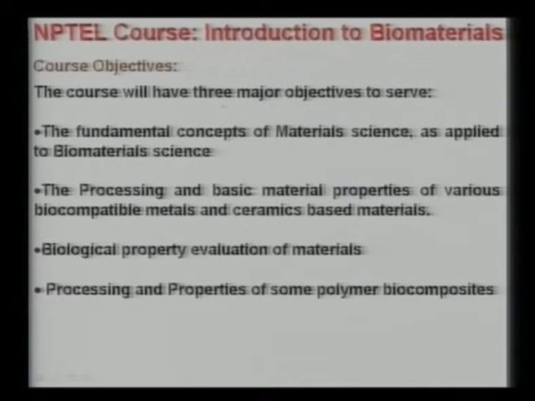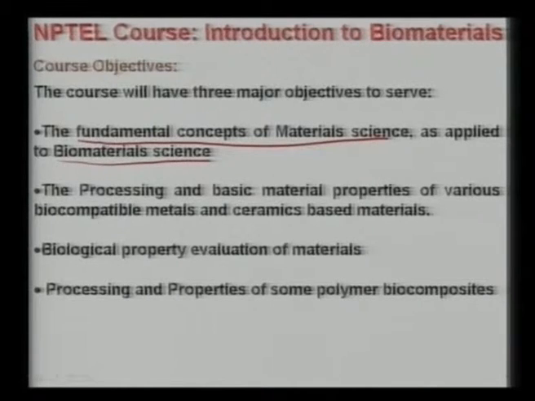At the end of the course, it is expected that the students will be able to understand the fundamental concepts of material science and what is required to apply for biomaterial science. Second, processing and basic material properties of various biocompatible metals, ceramics and polymer based materials.